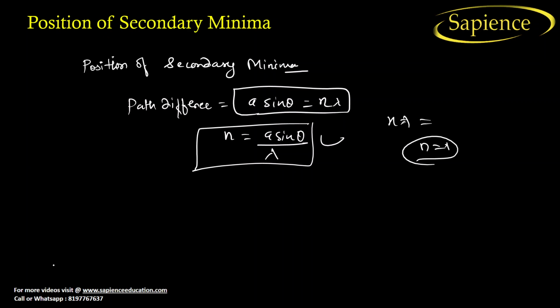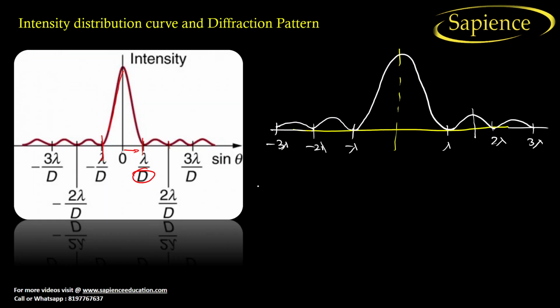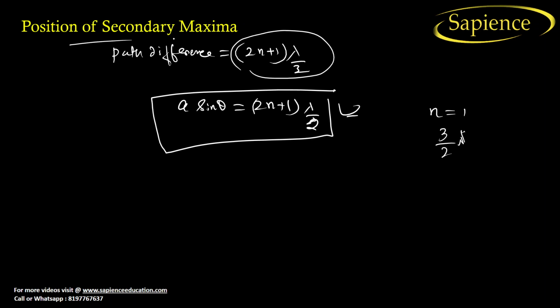So you will get minima at lambda. Minimum intensity you are getting at either lambda or minus lambda. But maxima you are getting at lambda plus lambda by 2, that is 3 lambda by 2. That's why the position of the secondary maxima can be written by this formula, right? I hope you have understood this.